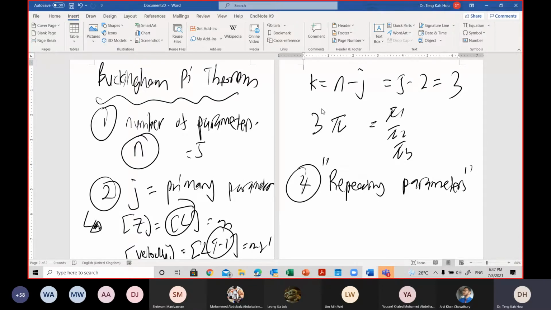So the question comes in: how many and which ones do you need to select? The key thing I mentioned to you is, how many to select: K or J? J. Yes, you need to go according to the J value and select that number of repeating parameters.